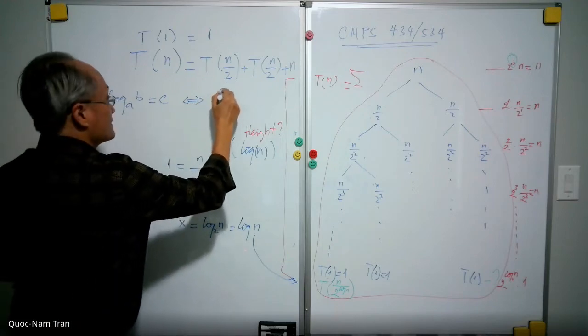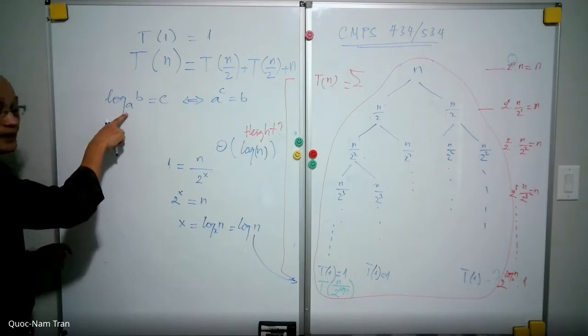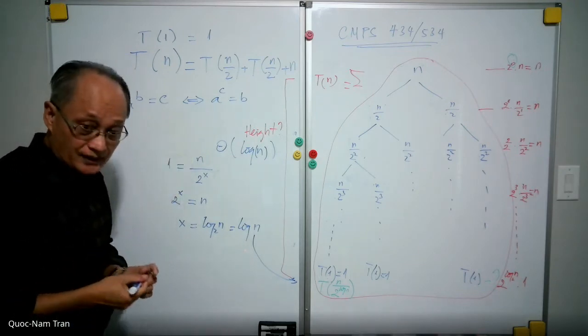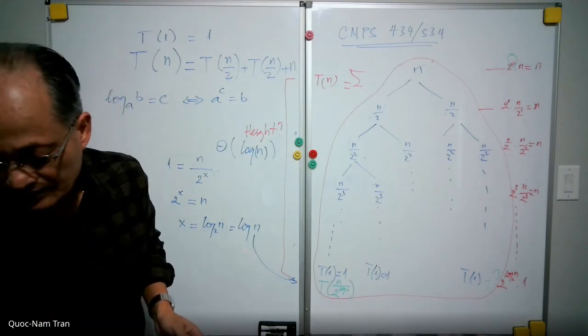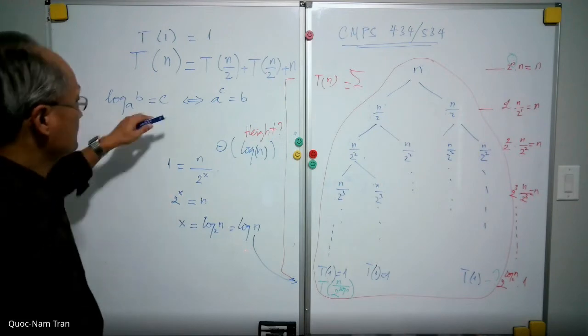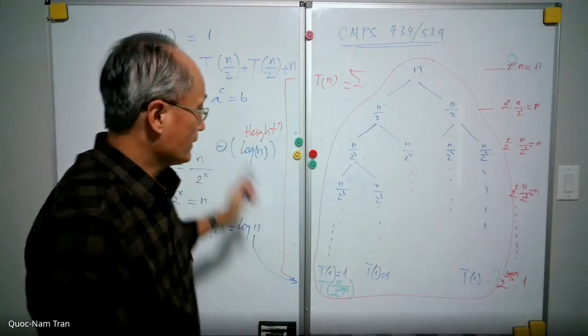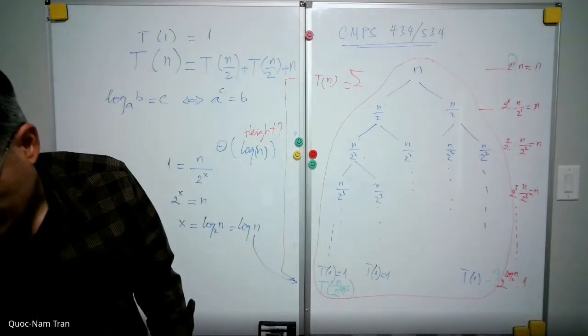So basically the logarithm is the inverse of the power function. You learn this in discrete math, but let me remind you of a few important facts about the logarithm so we can use it for calculating what we have here.